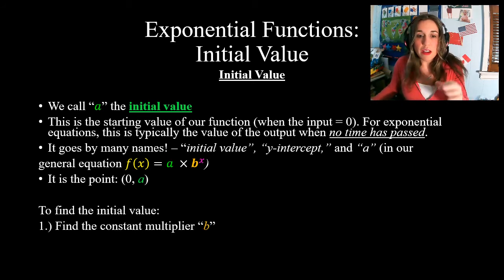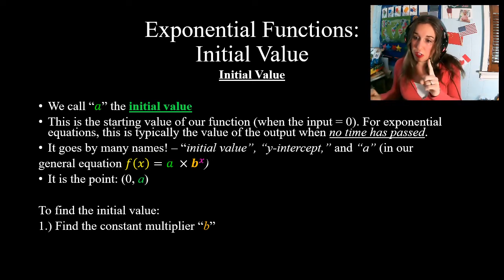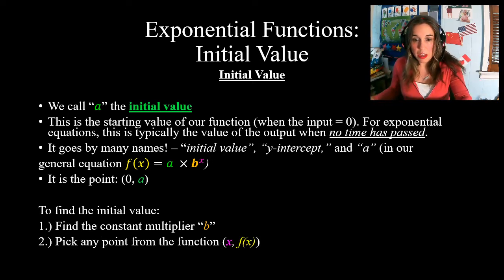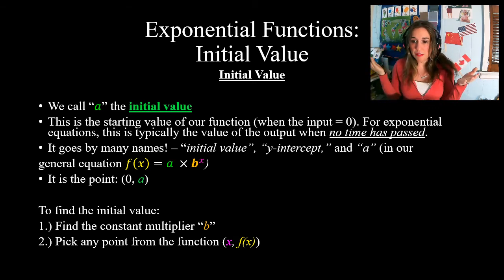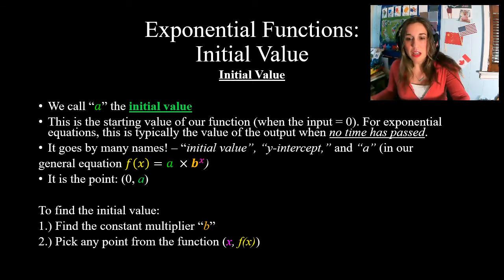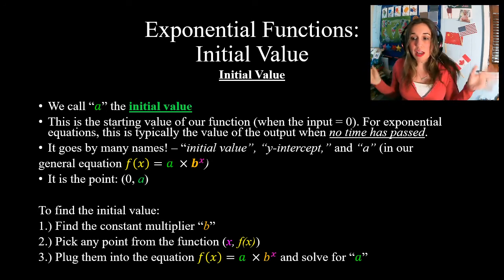To find the initial value, we've been practicing this all throughout the week. First, you need to find the constant multiplier, b. Then you can pick any point from the function. So your point would be x, f of x, right? And then you plug all of that information into our general equation, f of x equals a times b to the x.